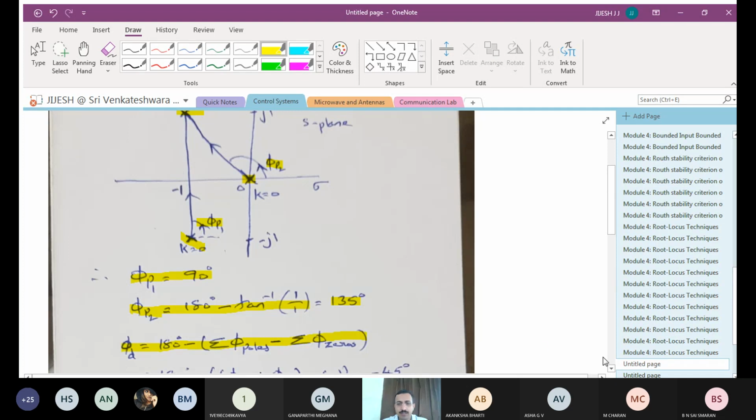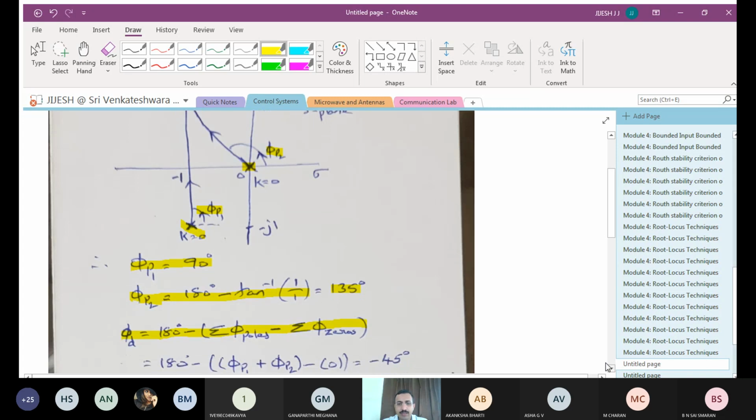When you substitute and start finding these values, for the summation of phi poles, we have poles, and there are no zeros in this problem, so we don't have to worry about zeros. We have poles here, and we got the corresponding angles for pole 1 and pole 2, that is phi p1 is 90 degrees and phi p2 is 135 degrees.